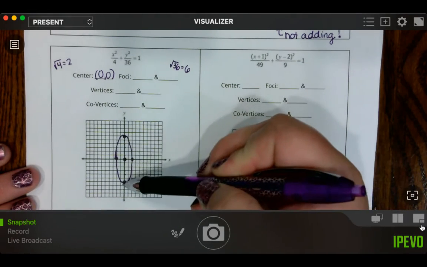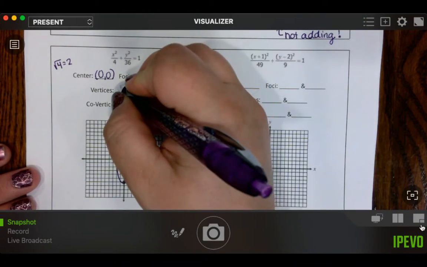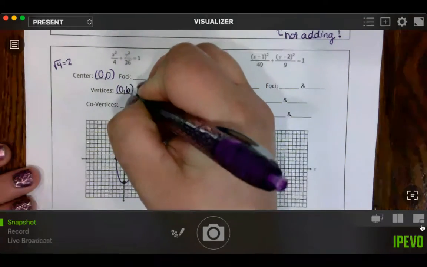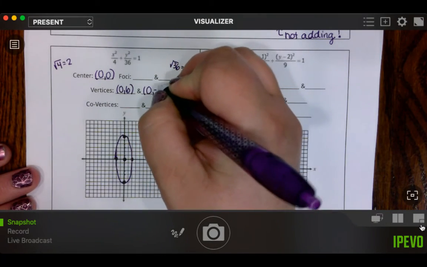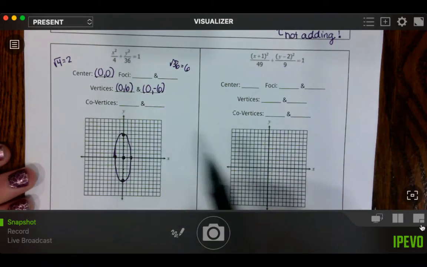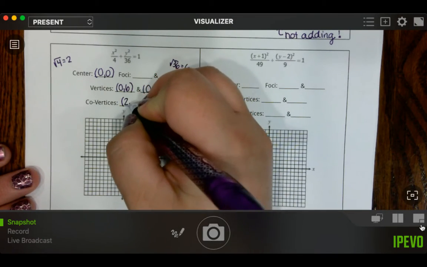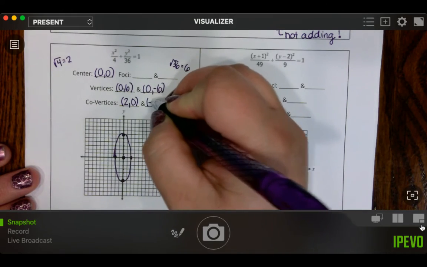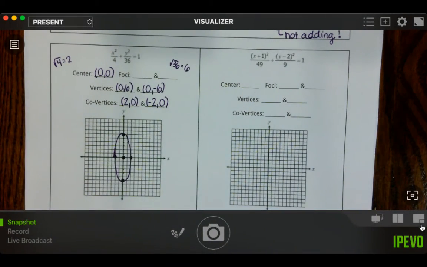So that's these two, which is over 0 up 6, 0, 6, and over 0 down 6, which is 0, negative 6. And my co-vertices are over 2 up 0, so 2, 0, and left 2 up 0, so negative 2, 0.